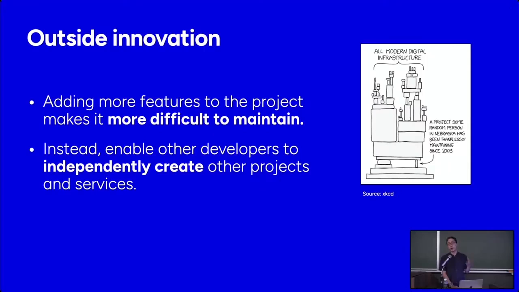But of course, people want new data sets, new languages, new software. So it's very important that those developers can create things independently, since otherwise you get into a situation like this comic that you might have seen on the right, where one project or one developer has to hold up the entire world. And that is not really sustainable because it becomes harder and harder to maintain over time.